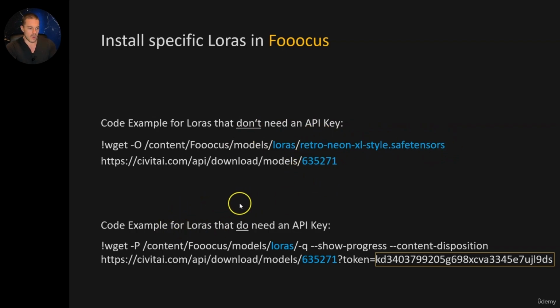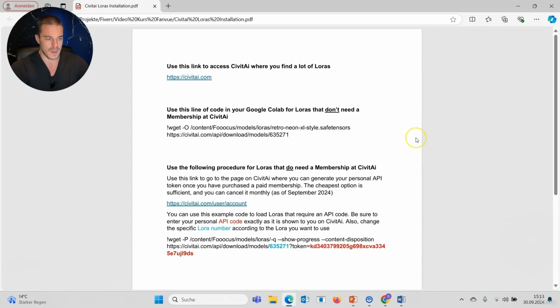For a LoRA that needs an API key, you have your API key at the end, and you have the specific number here, but you don't need the file name anymore. So all you need is the specific number of the LoRA and your API key. Super easy.